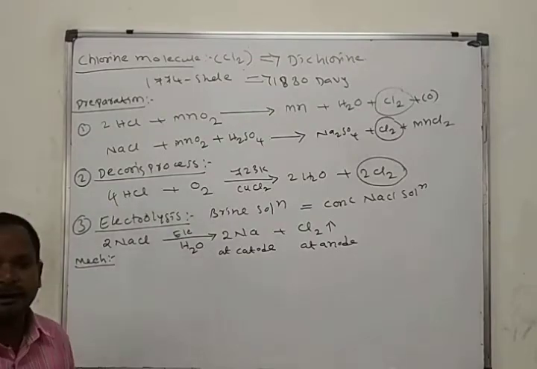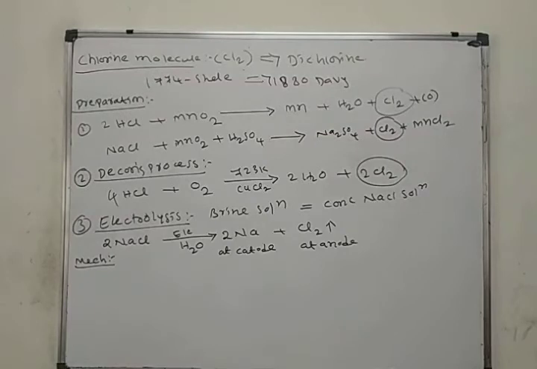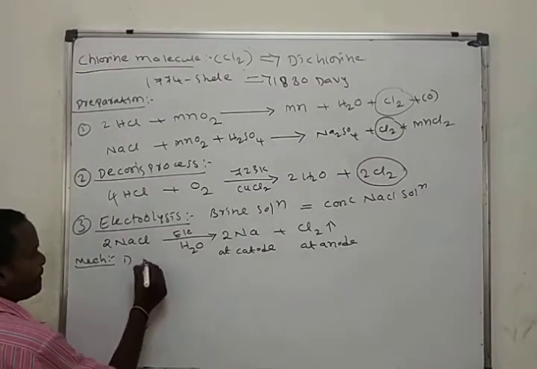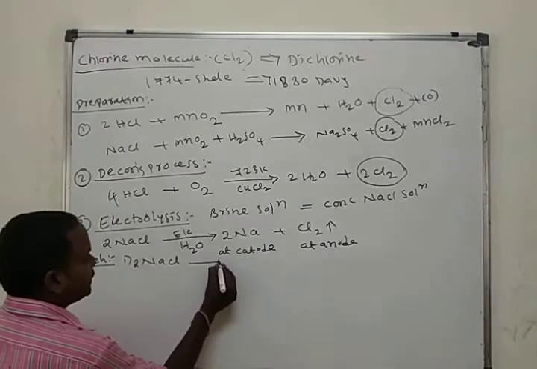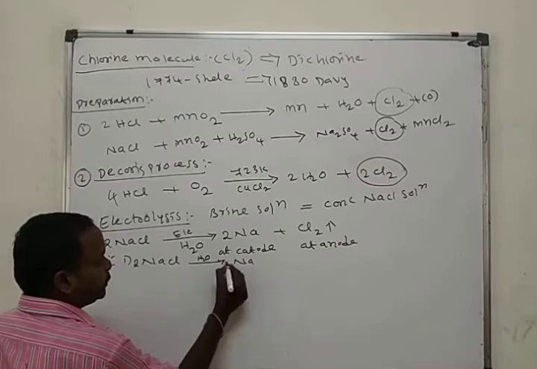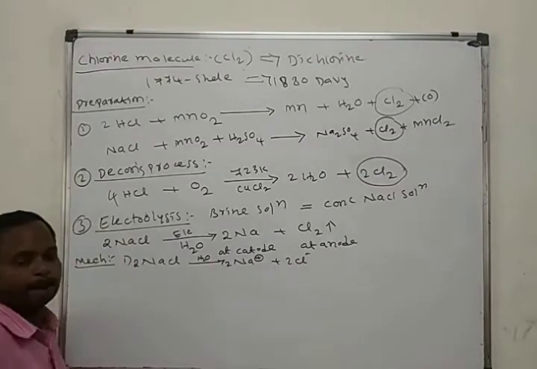In the first step, 2 moles of sodium chloride, by the addition of water, dissociate into 2 Na plus ions and 2 Cl minus ions.